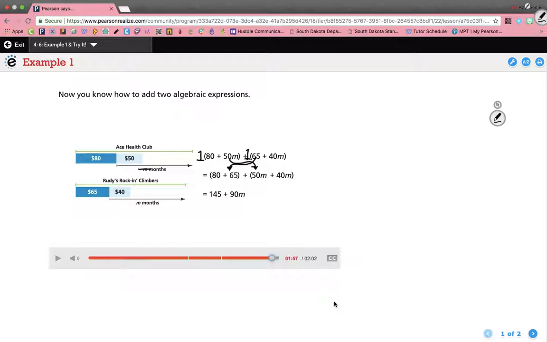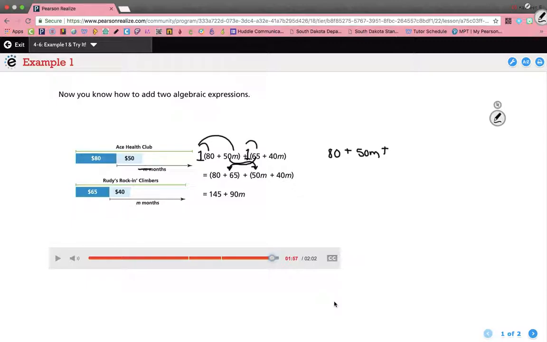So you could also distribute a positive 1 through those two expressions to get to the same place. So if we distributed a 1, it's 1 times 80, which is 80, and it's 1 times 50M, which is 50M plus.